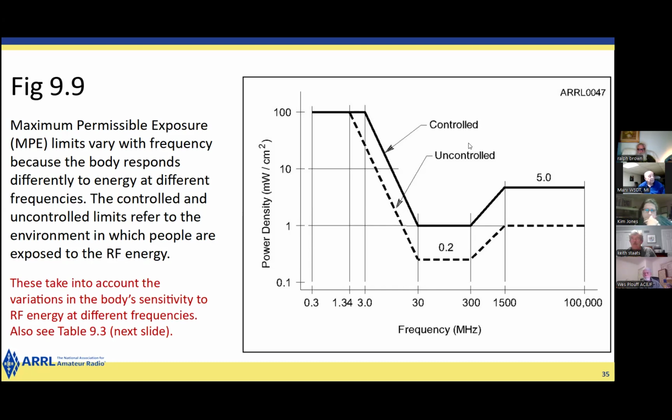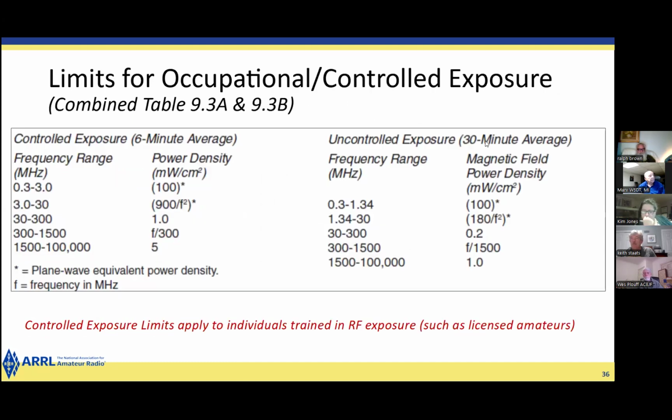So let's take a look at 9.3. Limits for occupational controlled exposure. You guys can look at this in your book, and it's really easy to figure out. We're going to get to a formula for figuring it out.